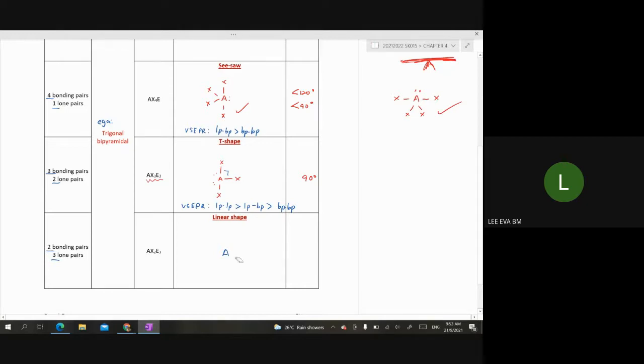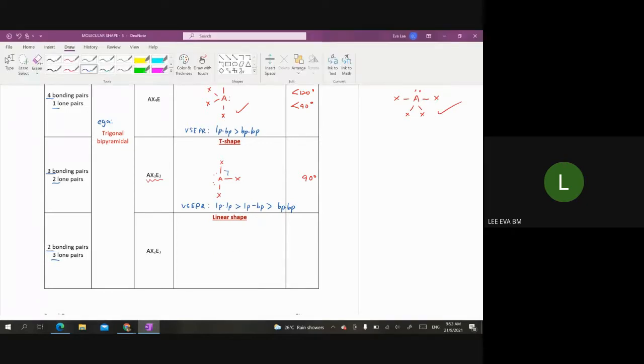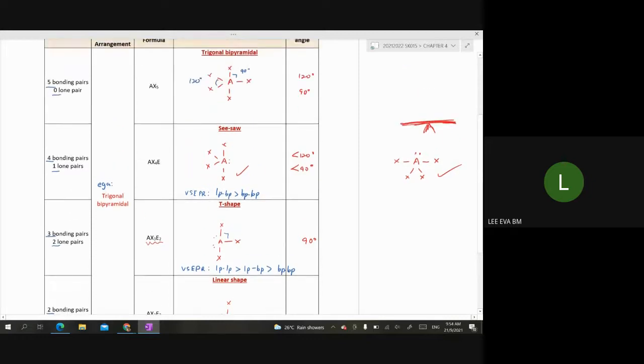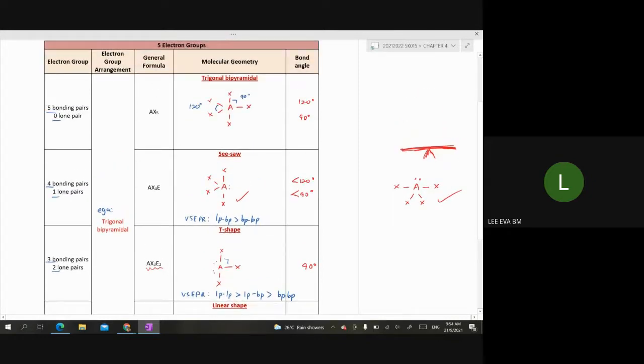Okay. So untuk 5 electron groups adalah yang paling complicated lah. Harap awak boleh revise balik. So linear shape, you have 3 lone pair around here. Dan semua ini adalah untuk expanded octet. So if you can see central atom, they have 10 electrons here. Okay, so untuk 5 electron group is actually for expanded octet.